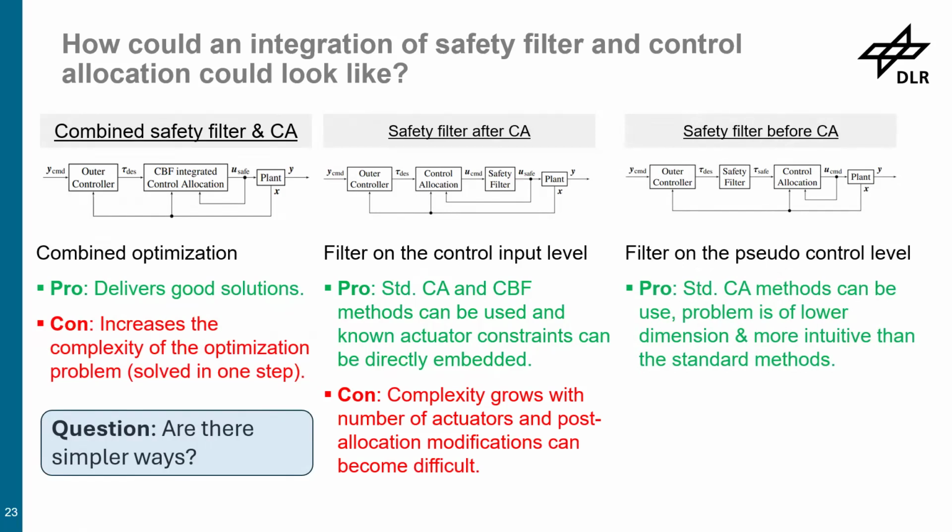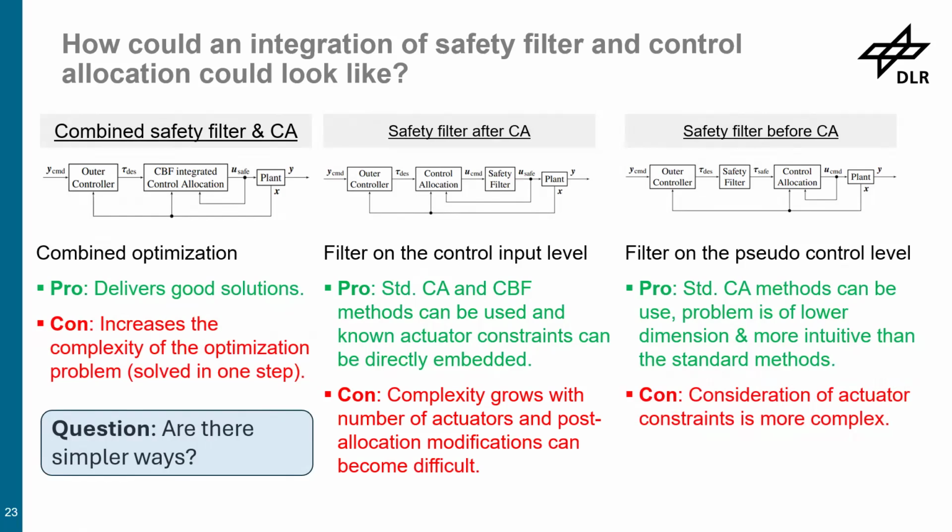So the virtual control input is rendered safe. It works quite well, and it also has the benefit of lower dimension, right? Because you basically have just 3 degrees of freedom, which you control, maybe 6 at maximum. But it's still way less than your input vectors or actuators in most cases, and therefore easier to solve.